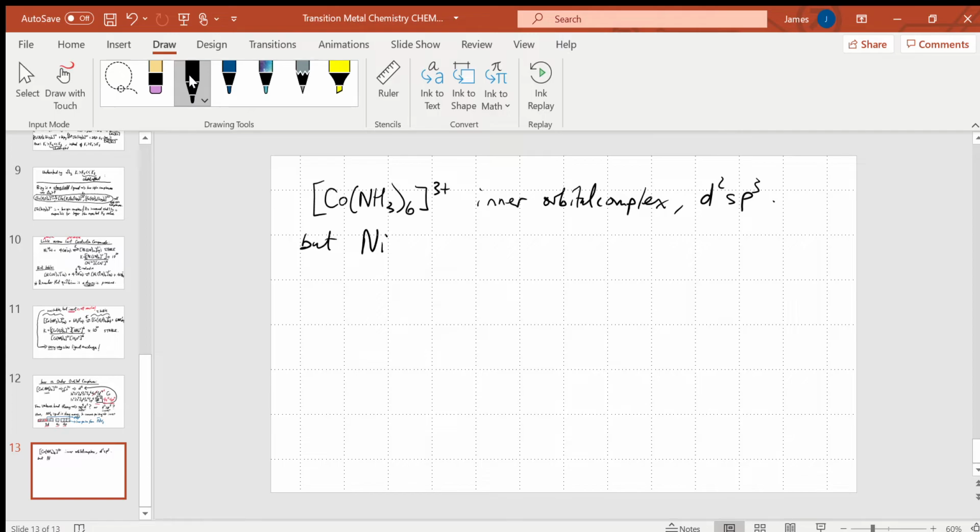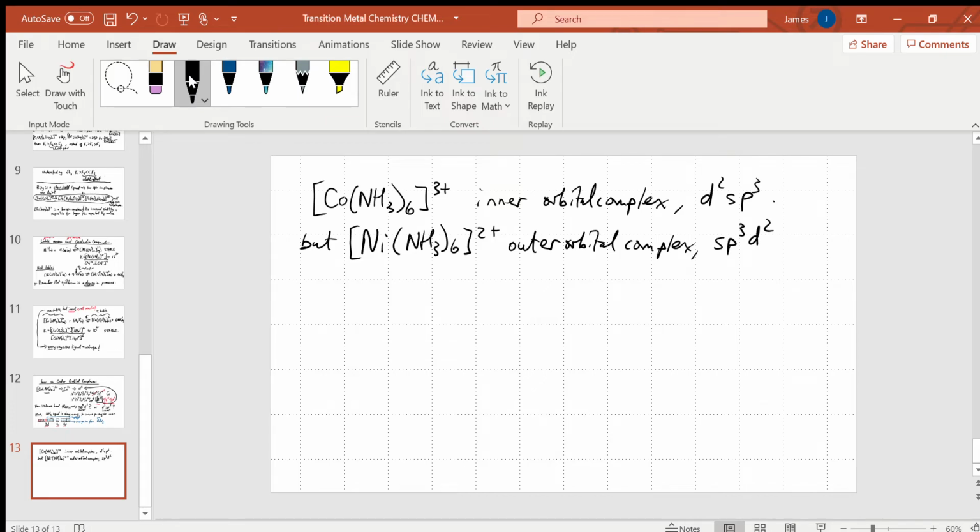Let's compare that now with a nickel complex with the same ligand, Ni(NH3)6 2+. This is going to be an outer orbital complex. So this is going to be sp3d2.